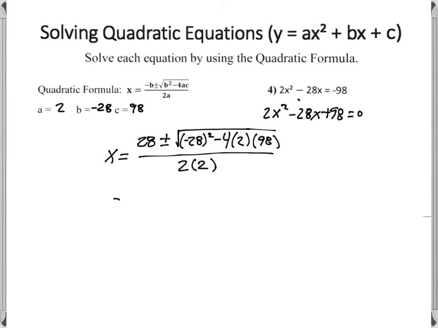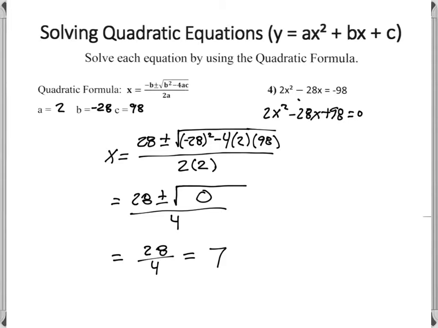So as we simplify this, we'll have 28 plus or minus, and then under the radical, the 28 squared and then minus the 4 times 2 times 98 all cancel out, and we're left with 0 all over 4. So the square root of 0 is pretty easy. It's just 0. So we have 28 divided by 4, which in that case equals 7. So for this one, it only has one solution, and our solution is 7.